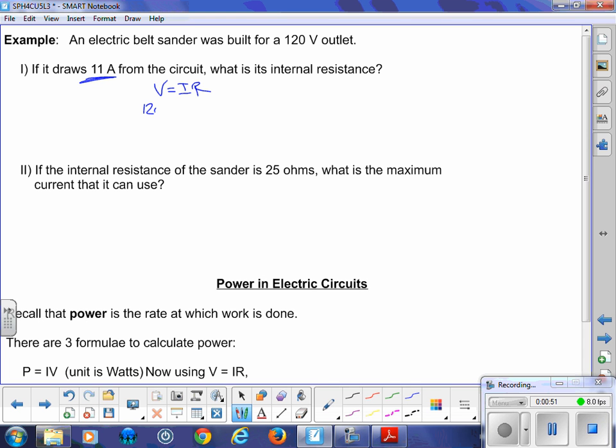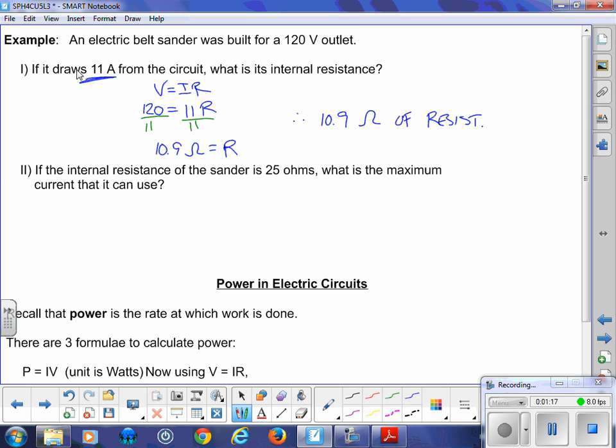So we are plugged into a 120 with 11 amps, and we're looking for resistance. I'm going to divide both sides by 11, and we get 120 divided by 11 is 10.9 ohms. So therefore, 10.9 ohms of resistance.